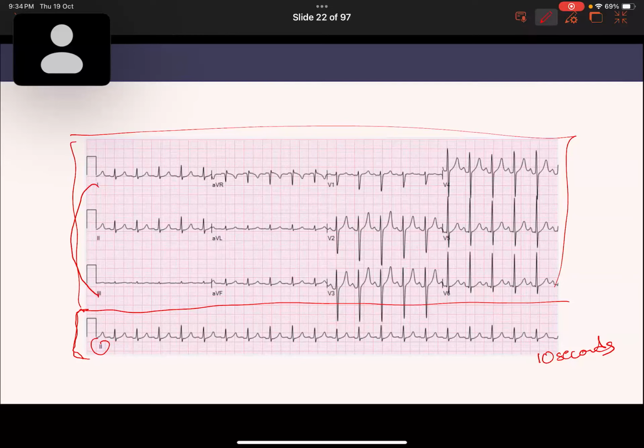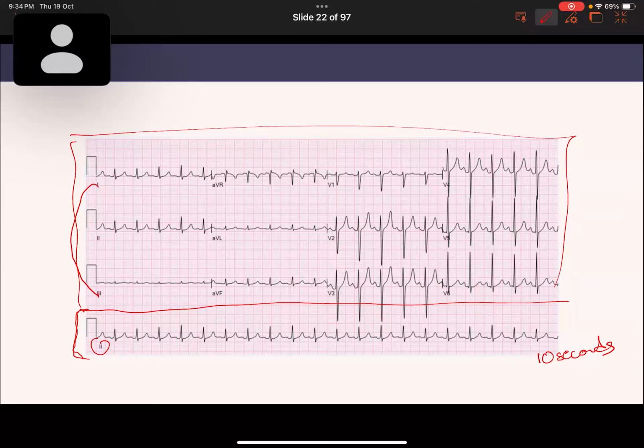Okay, how many R waves were there? Because I used the box method, and it's approximately 2 big boxes between each R wave. Okay, so 300 divided by 2 is 150. Yes. Tamam. Is this fast, normal, or slow? Tachycardia, it's fast. You're absolutely right.